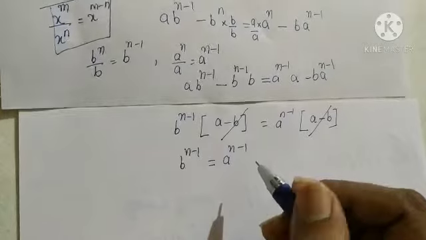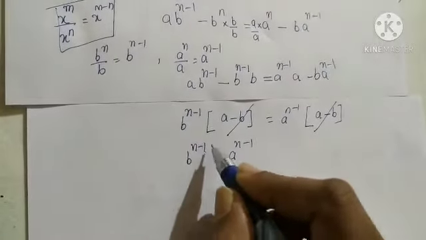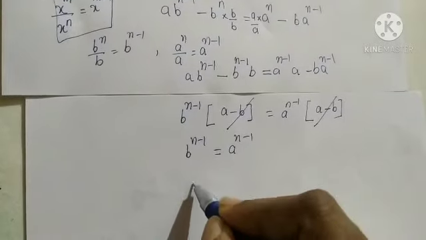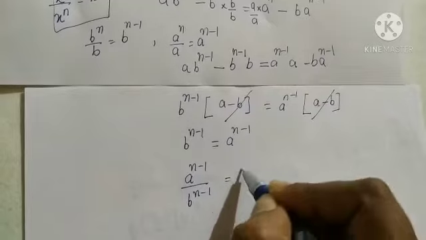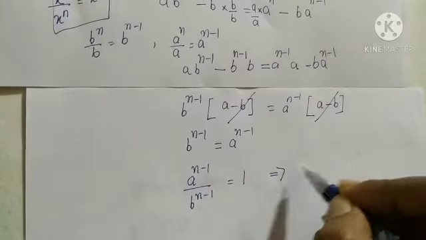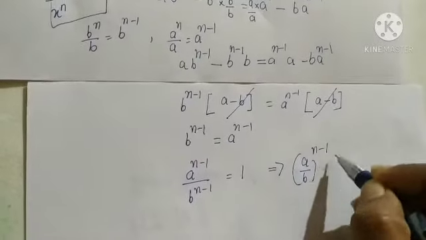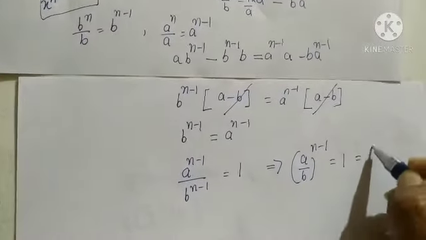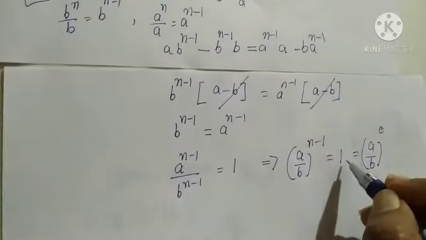Okay, next I am going to take this b raised to n minus 1 to RHS, so it will become a raised to n minus 1 by b raised to n minus 1 equal to 1. So this can also be written as (a by b) whole raised to n minus 1 equal to 1, and we know that (a by b) whole raised to 0 is equivalent to 1.